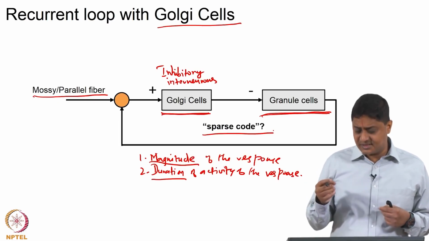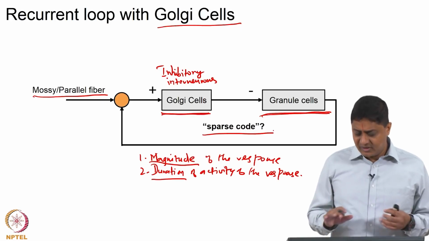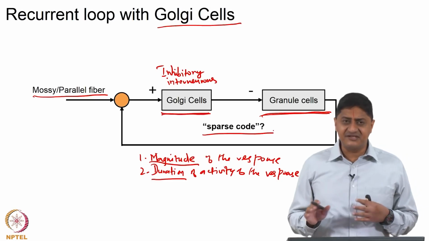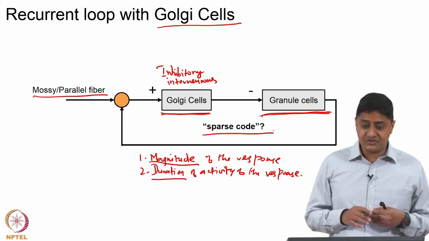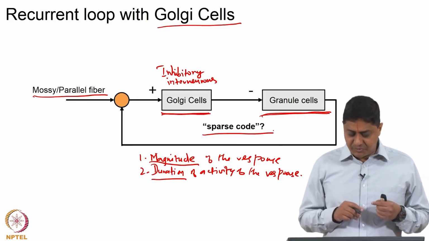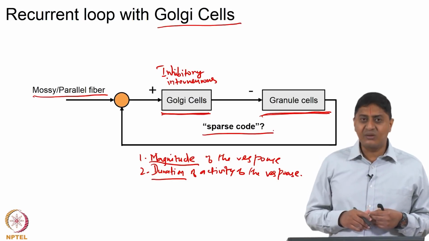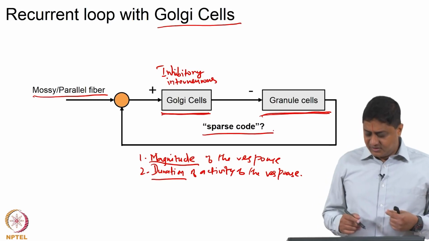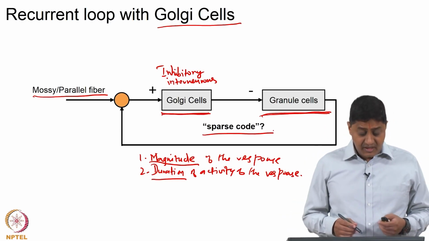Only those granule cells that need to be active at a particular time are allowed to be active, keeping all the other cells relatively silent, because the number of granule cells is very large, you cannot keep them active simultaneously and respond to their activity. So, probably the Golgi cells encode some form of sparse code. This is an interesting hypothesis, continues to be discussed in the literature.